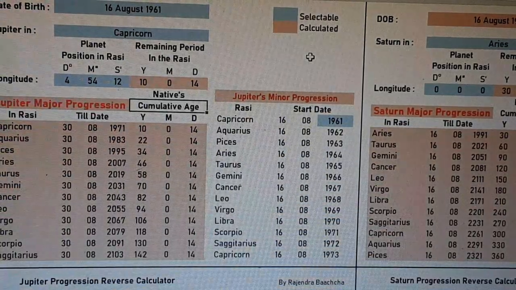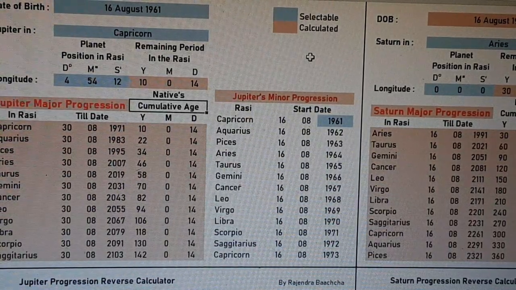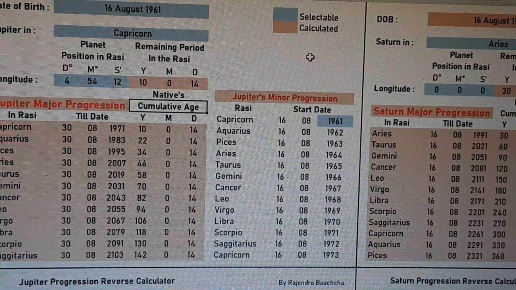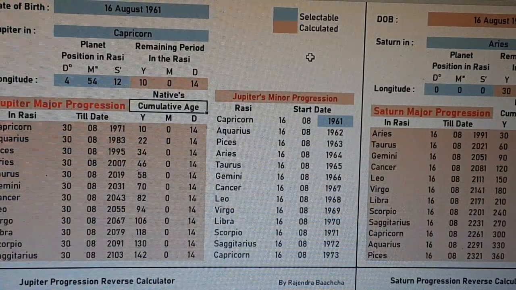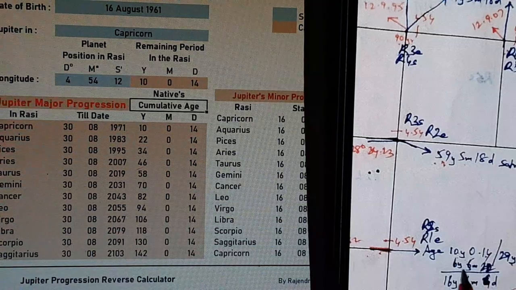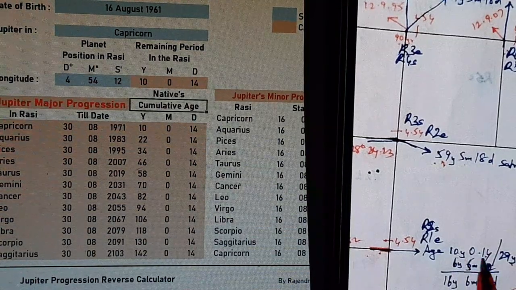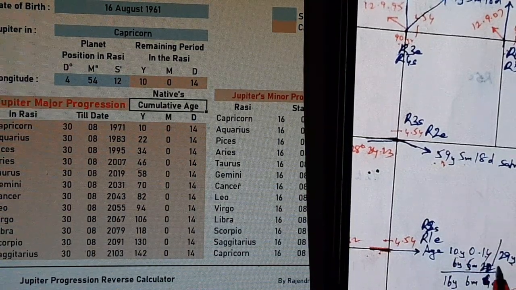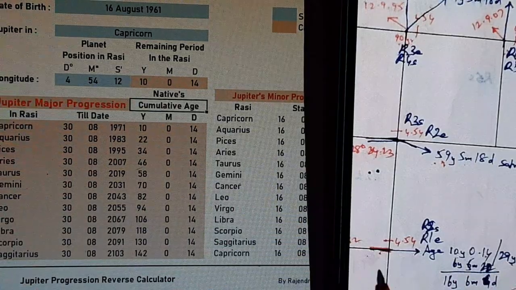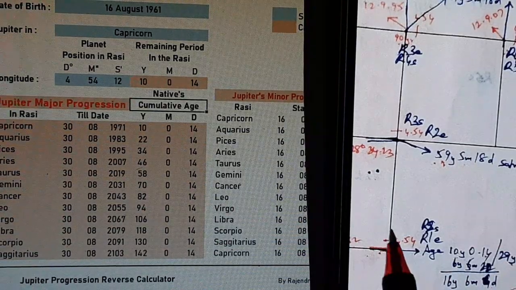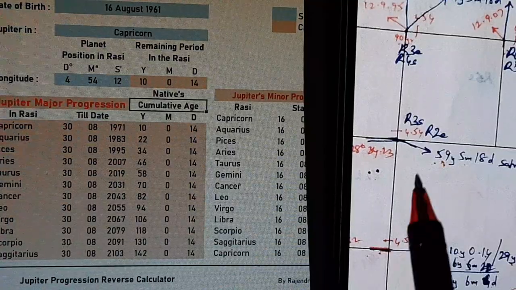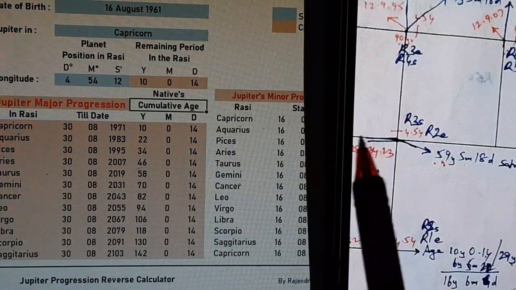This is the balance period that Jupiter has to navigate in the 10th Rasi in the natal chart. And this is exactly what we have decided here. It is 10 years 0 months 14 days left for Jupiter to travel from 4 degrees 54 minutes of Capricorn to 0 degrees of Aquarius here.